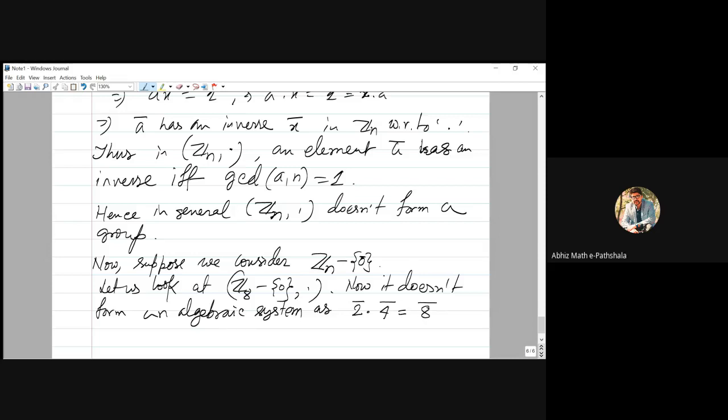Now what is 8 class? 8 class is 0 class, since 8 divides 8. So 8 class is 0 class. So that means this 0 is not here. So this operation will no longer be a binary operation over Z8 minus 0.